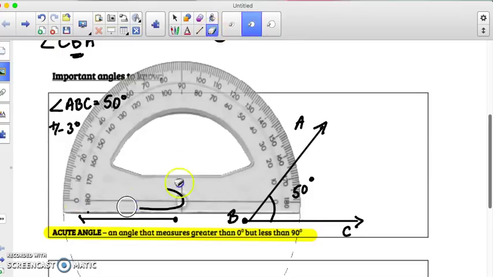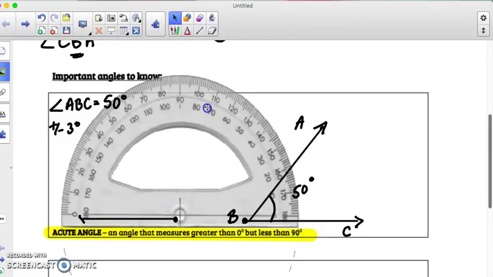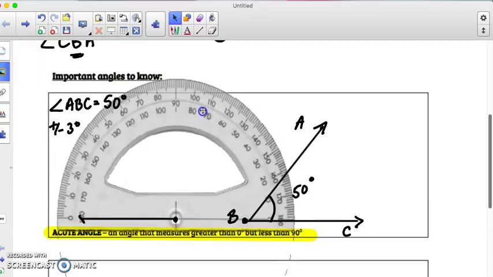I'm just going to erase this so it doesn't get too messy. And I'm going to take my protractor and place it right on top of the line that I just drew so that it matches up with the 0 degree line. Now this time on the left-hand side of the protractor, I'm going to look at the measurements associated with an acute angle.